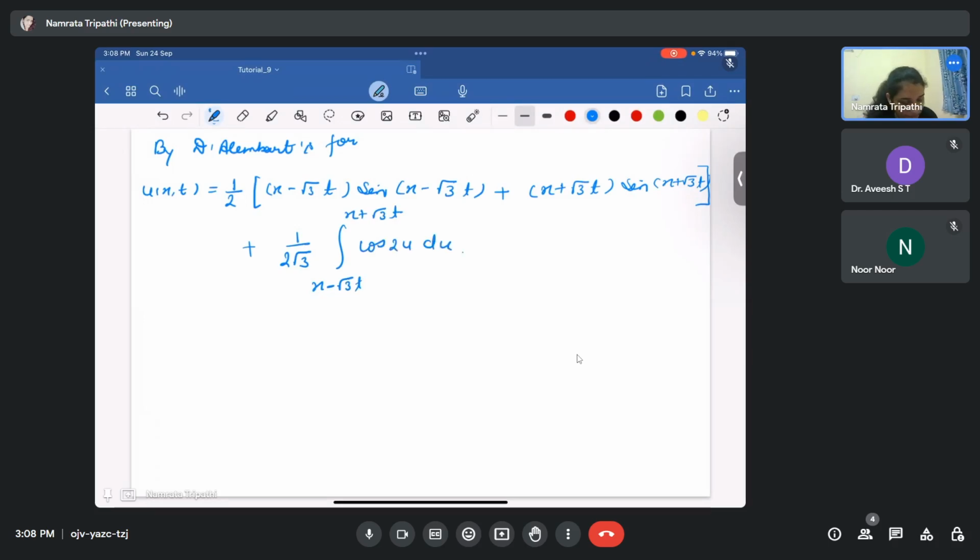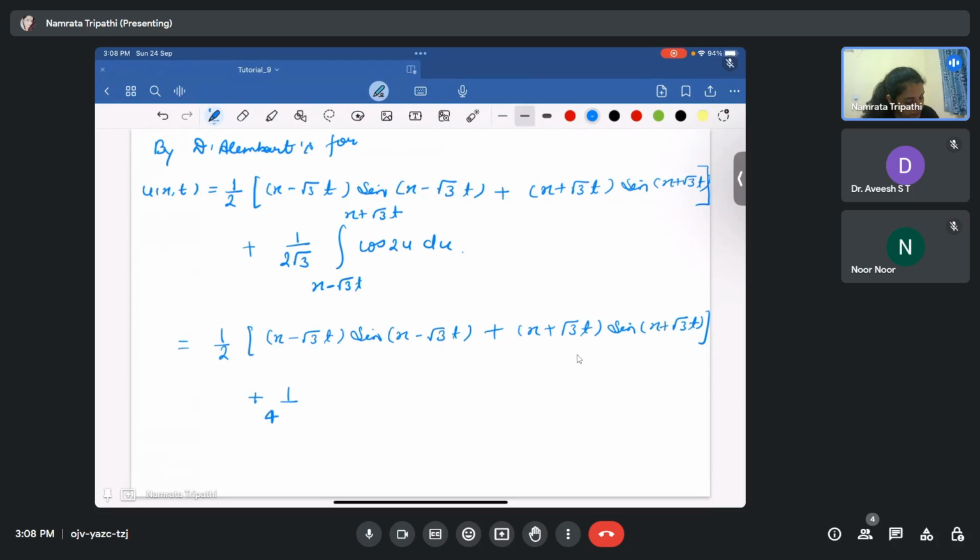I am taking u here. Now you can simplify. The first expression you can leave as it is. And in the second expression, after integrating, this will become sin(2u)/2.